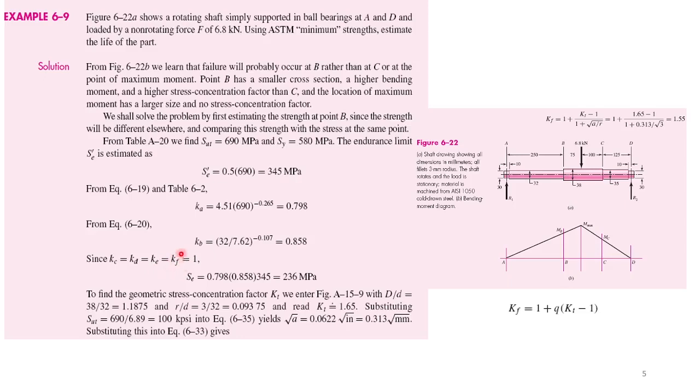And there is no mention for the miscellaneous effect factor, so I'll put it as 1. Okay? And now we need to correct for the endurance limit. I have only KA and KB. So KA multiplied by KB multiplied by the estimated endurance limit. Here I'll get the fully corrected endurance limit, which is 236 megapascal.